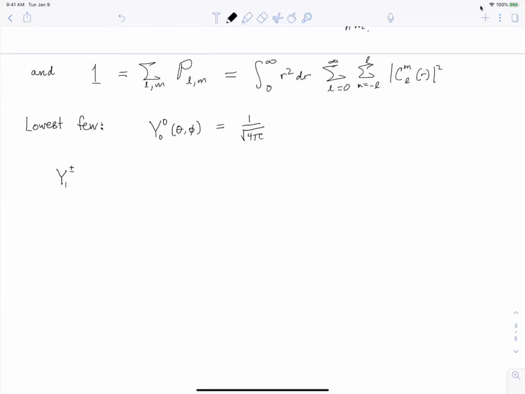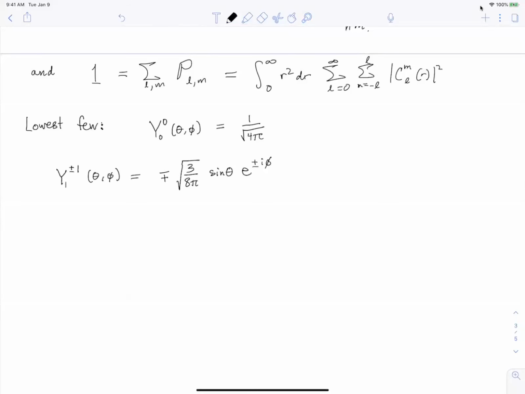And if M is plus or minus 1, it's nice to treat them at the same time. This turns out to be minus over plus the square root of 3 over 8 pi, sine theta, e to the plus or minus i phi.